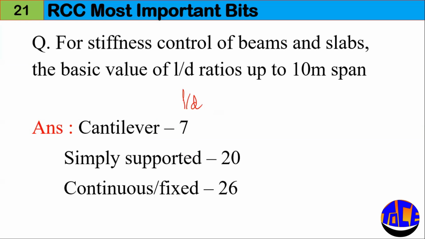For simply supported, 20. For continuous or fixed beams, the L by D ratio is 26. And remember, these values are up to 10 meters only. He may ask you up to what distance these values are valid. Like that also he may ask the question.